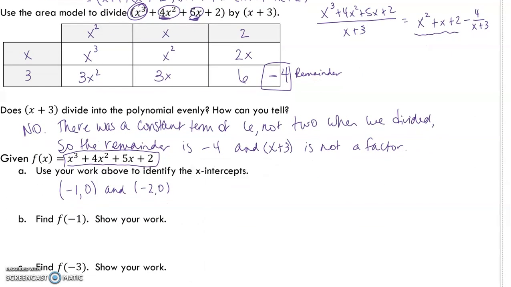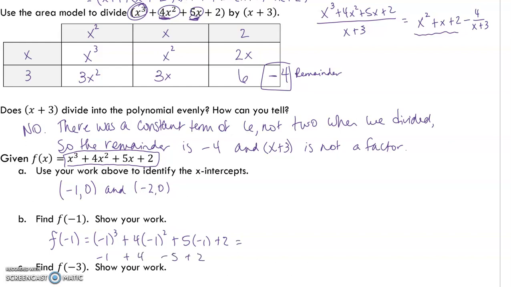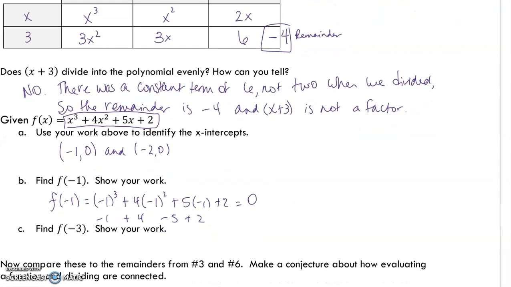Well, f of -1 is just substituting -1: -1 cubed plus 4 times -1 squared plus 5 times -1 plus 2. So -1 plus 4 minus 5 plus 2. That works out to be 0. Nice, that worked out well.